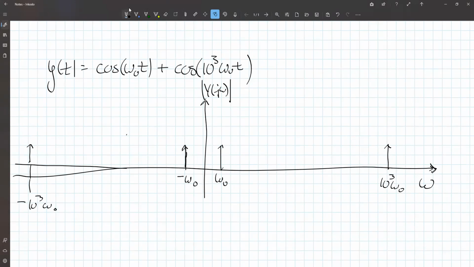What we're looking at is the spectral content of our signal. Our signal is a superposition of two sinusoids, right? One of them has a frequency of ω₀. The other has a frequency of 1,000 times ω₀. So if I look at the spectrum of it, I'm going to have bumps at those different frequencies. So minus 10³ω₀.